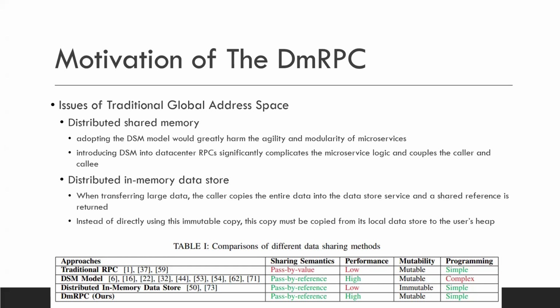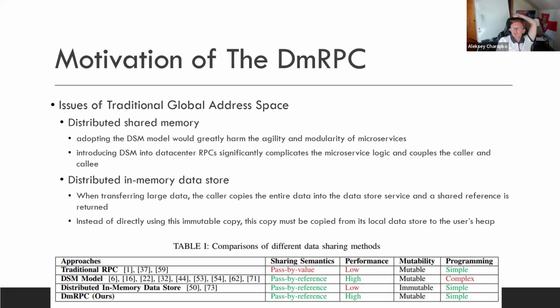Introducing DSM into data center RPCs significantly complicates the microservice logic and couples the code. In a distributed in-memory data store, when transferring large data, the code copies the entire data, which creates a big overhead of data flying around the network. Instead of directly using this immutable copy, it must be copied from its local data store to the user's heap. So there are several copies on the way to the destination, which creates a big overhead in the network and in processing speed as well.